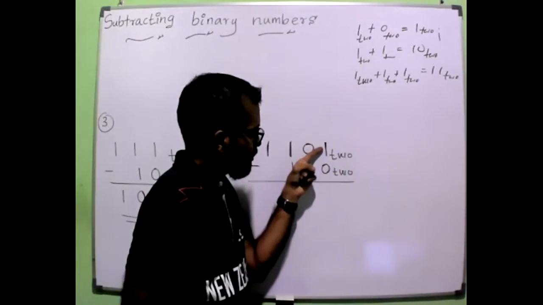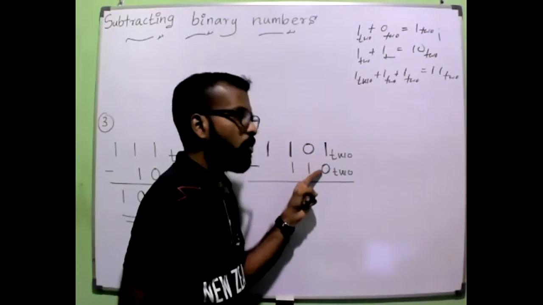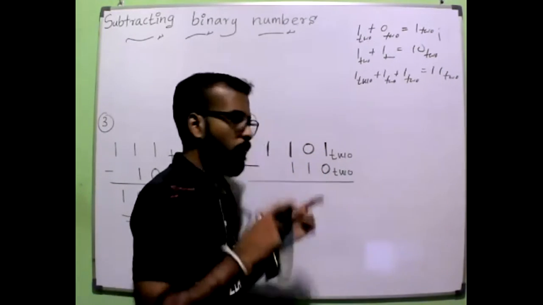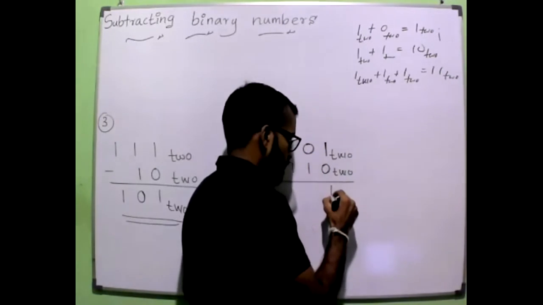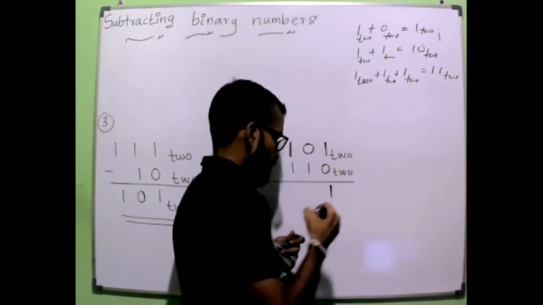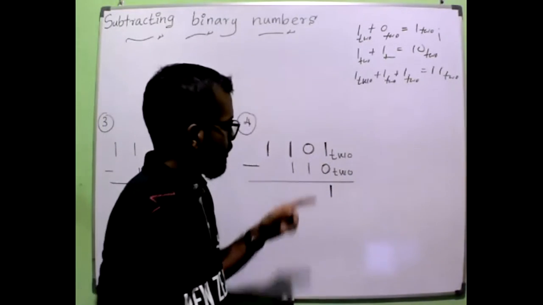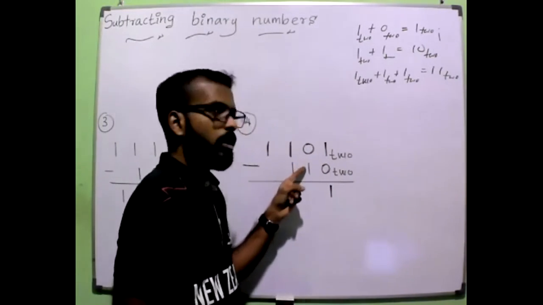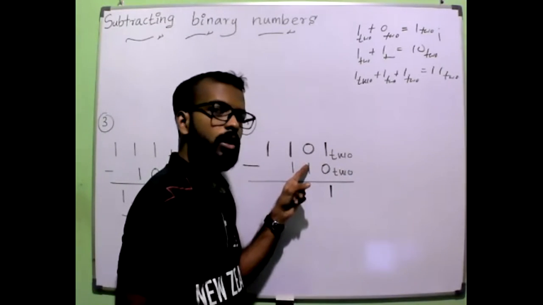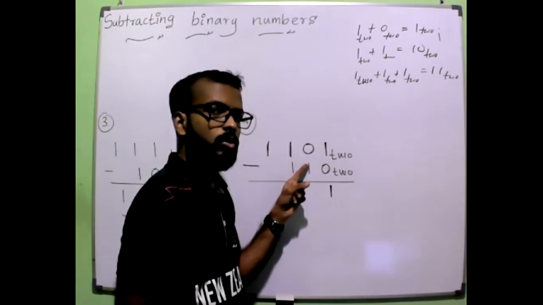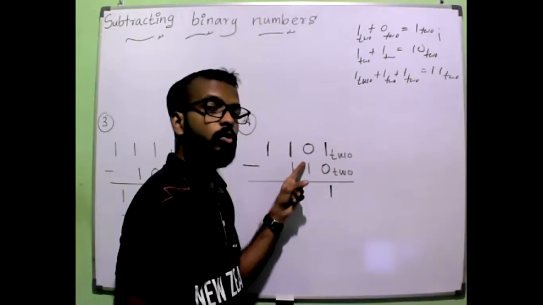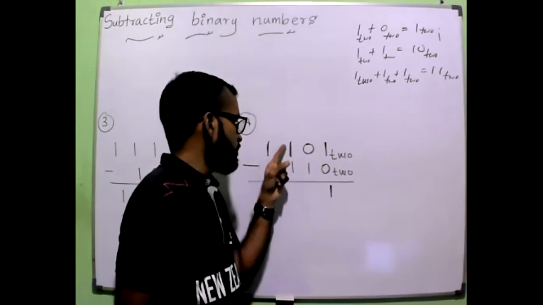1 minus 0, 1. 0 minus 1. Can you do that? No. So what you can do? Go to this side.